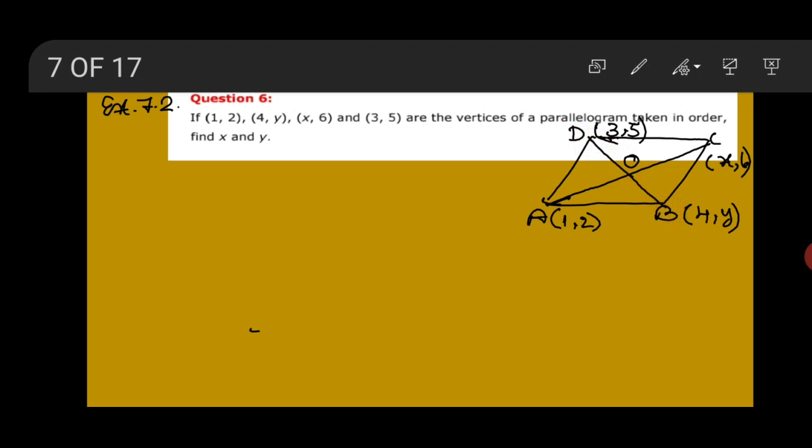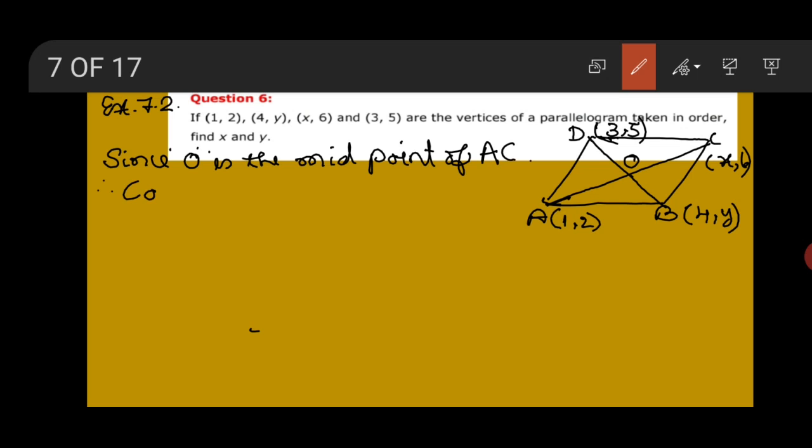Now write down, since O is the midpoint of AC, therefore coordinates of O is equal to, use the midpoint formula.